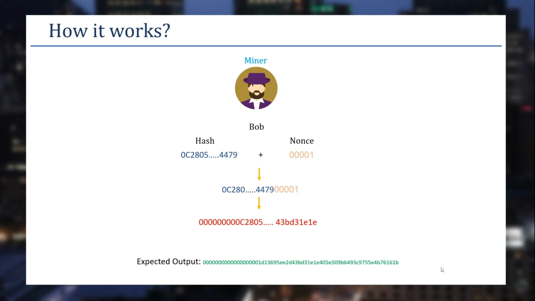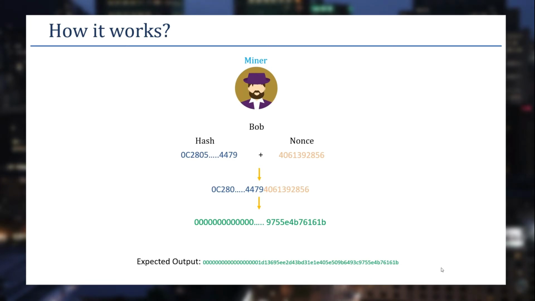If it is not matching, they can only change the nonce, because the hash values contain all the other important relevant data that goes inside the block. So they upgrade the nonce each time until they get the expected output leading with 19 zeros. Once they find this output, that is the endpoint of the mining, and they create the next block with this hash as a fingerprint and distribute it to the other nodes.